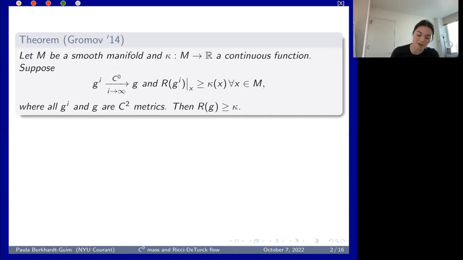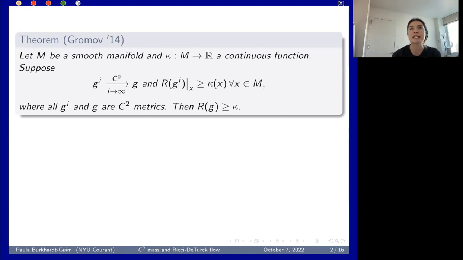The way that Gromov proved this is that he recognized that, even though having a lower scalar curvature bound is a statement about the scalar curvature, which involves second derivatives of the metric, you can reformulate this property solely in terms of C0 phenomena. And if having this lower scalar curvature bound only depends on C0 phenomena, then it's not surprising that it would be preserved under uniform convergence. This is how Gromov approached the problem.